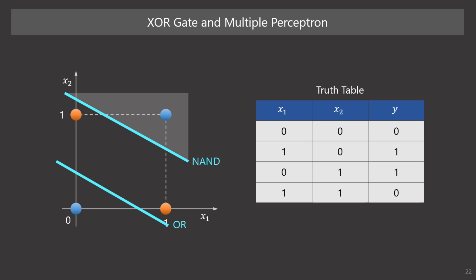You can see that the result is equivalent to that of an XOR gate. Here, the orange dots meet the conditions of both the NAND gate and the OR gate. That is, these 2 dots are the products of the combination of a NAND gate, OR gate, and AND gate. It means that we can create an XOR gate by combining multiple perceptrons.